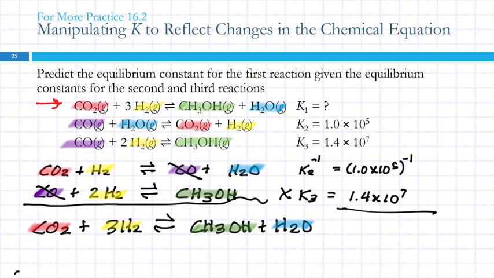There we go. And then I'm going to multiply that by the other one, 1.4 times 10 to the 7th. So my new K is 140. Anybody else get that? Is that the right answer? Just like that.